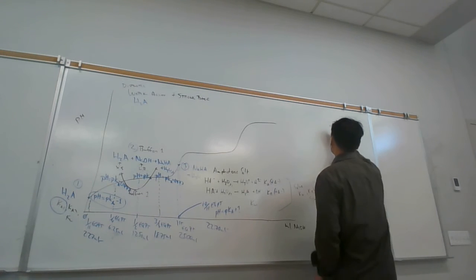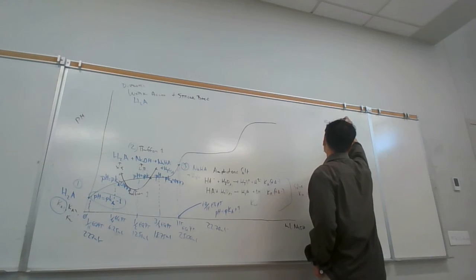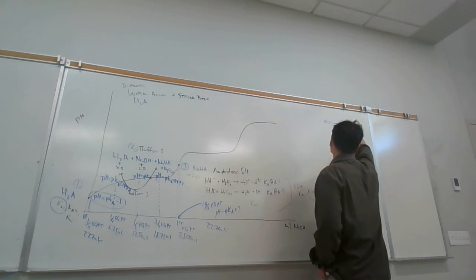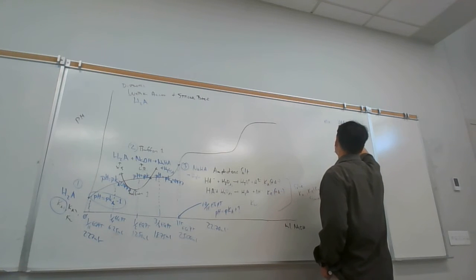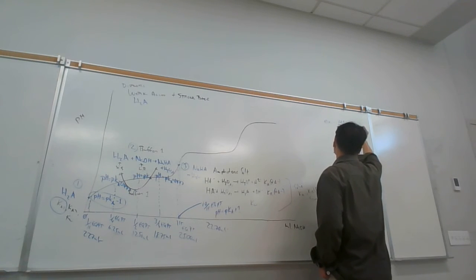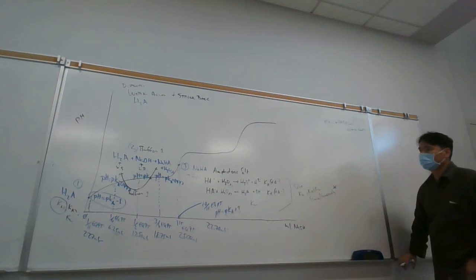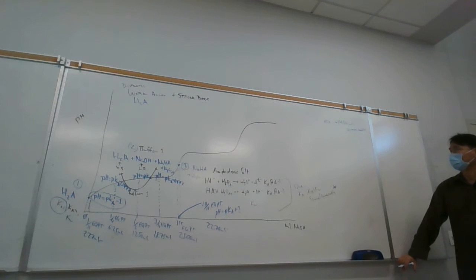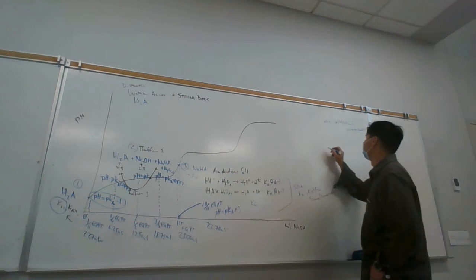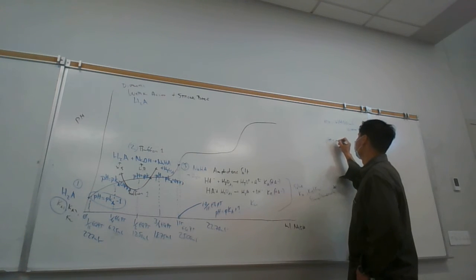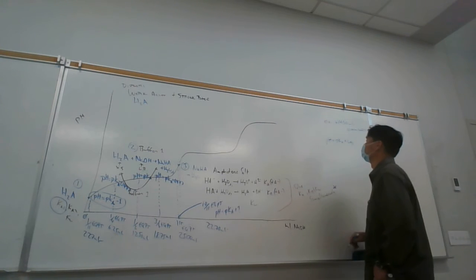Okay, so if I want 14.5 milliliters, I can do the shortcut way or I could do the long way. The long way would just be solution dilution, et cetera, et cetera. The shortcut method would be this. I just go straight to the Henderson-Hasselbalch. pH is equal to pKa plus log of.